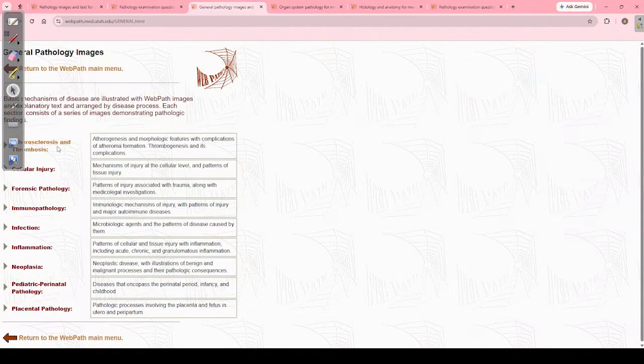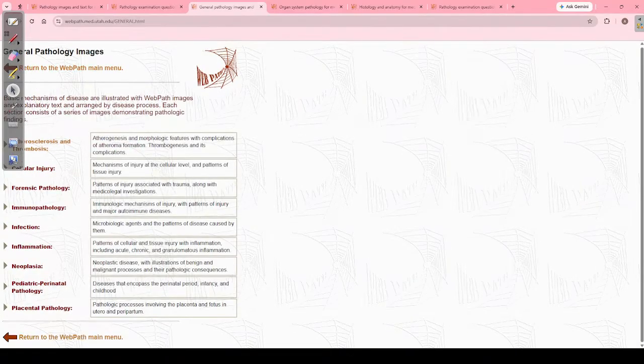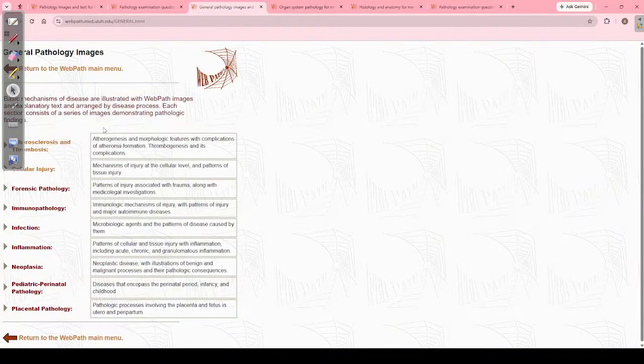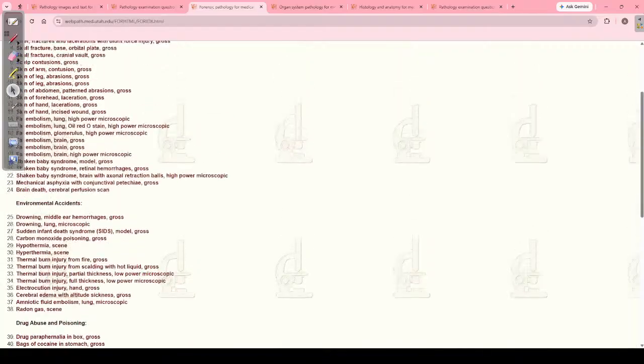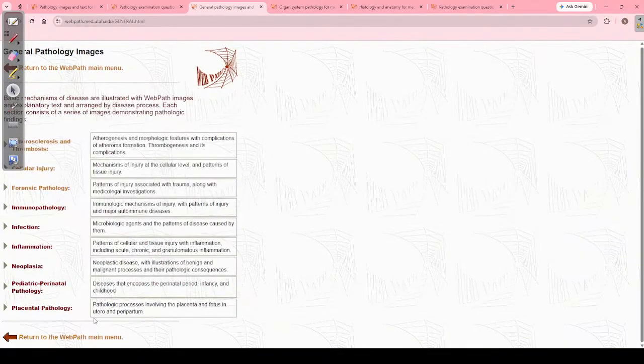This is the examination and we can start with thrombosis. These are all for thrombosis. And then we have several injuries. Forensic pathology. Quite a few good things are here.